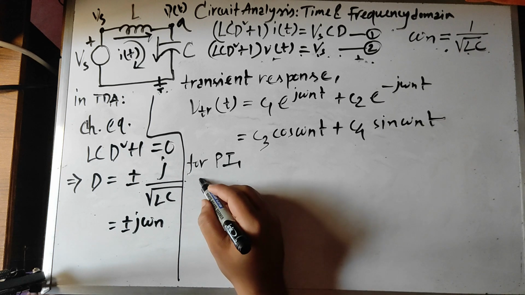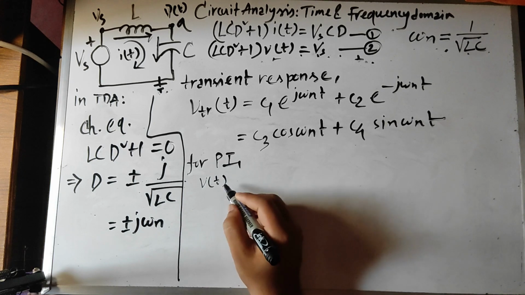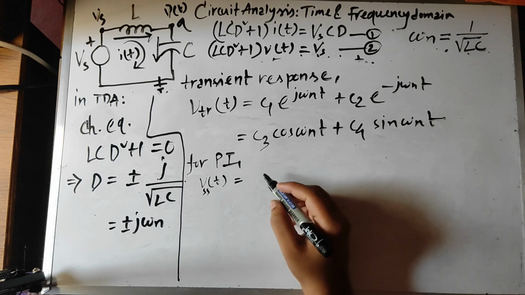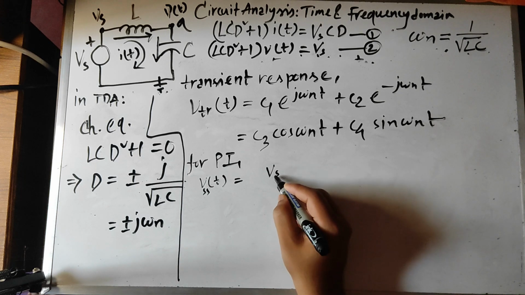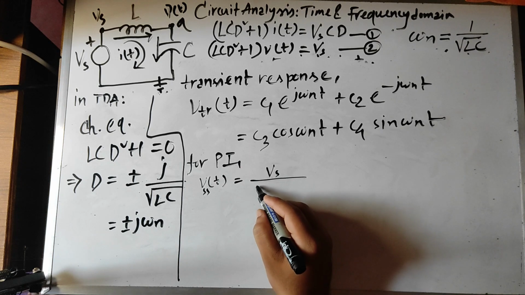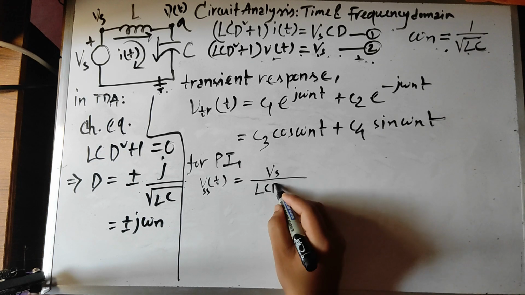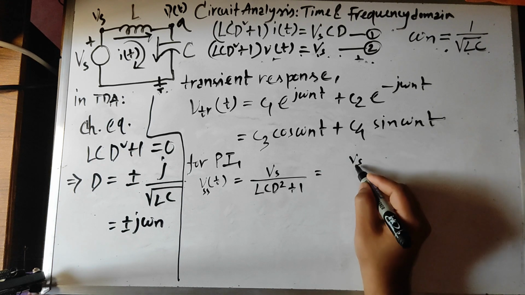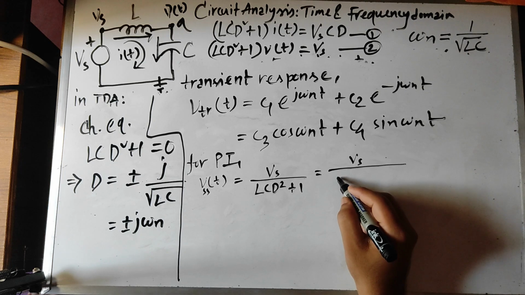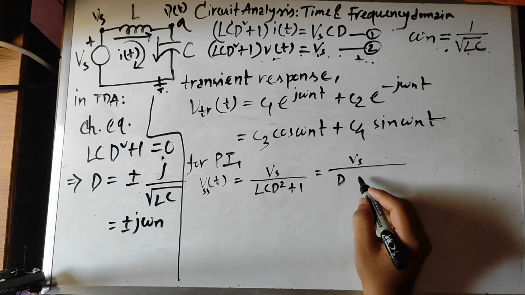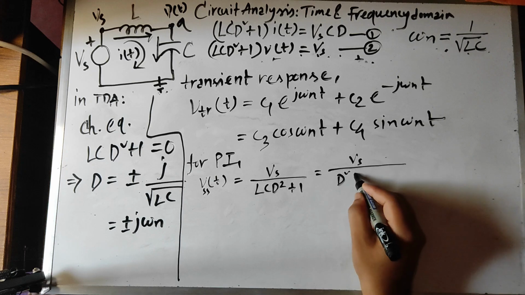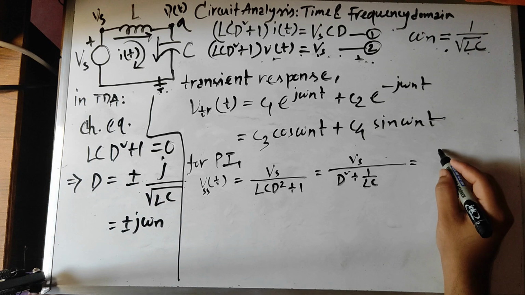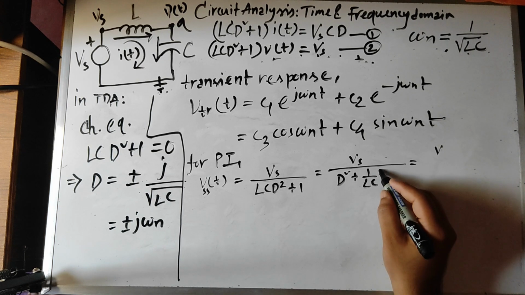So V steady state equals Vs by LCD square plus 1, which will give us Vs by D square plus 1 by LC.